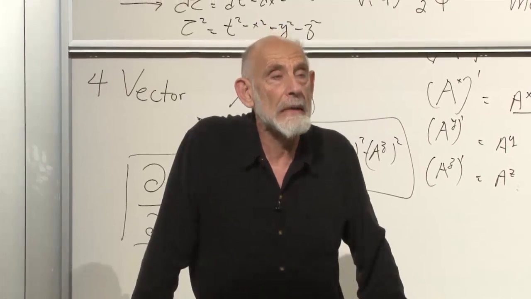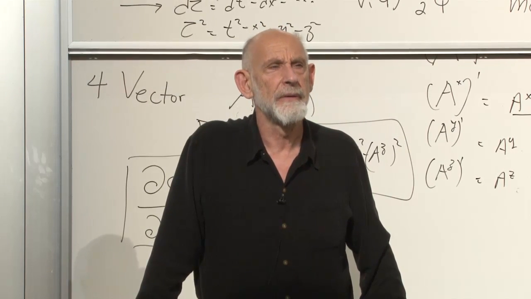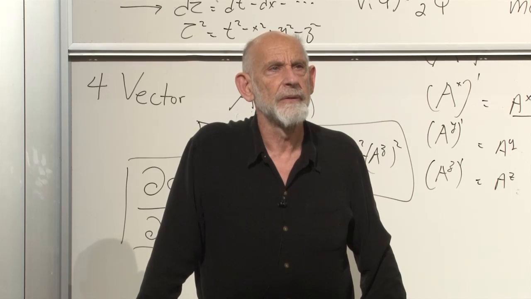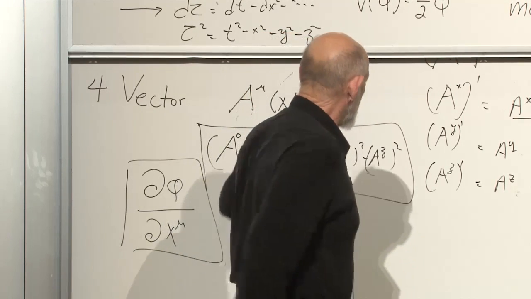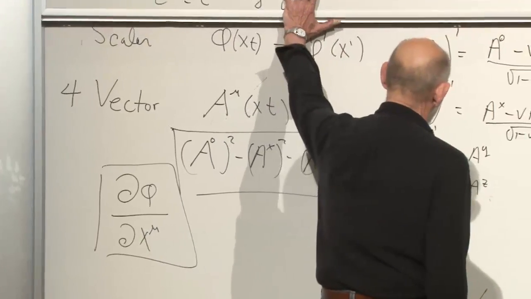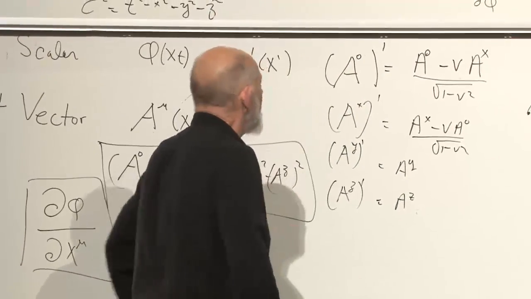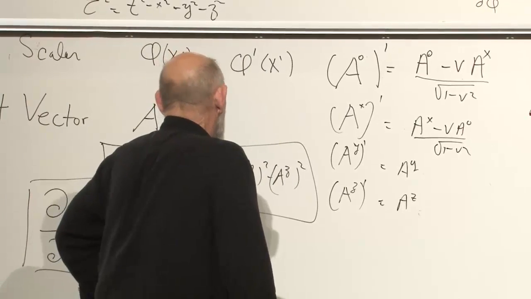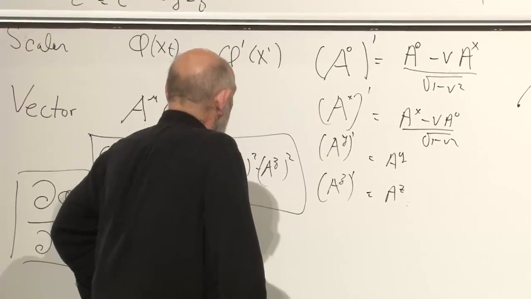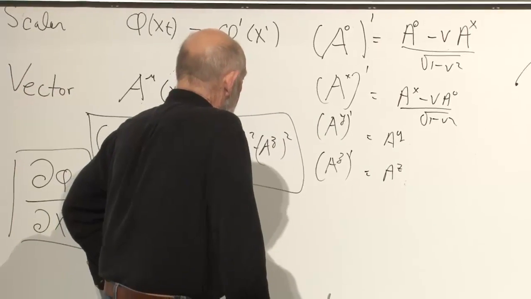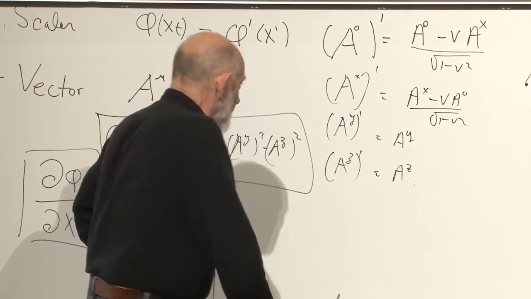Yes, sir. Where you define four vector, is there something more general where y and z components aren't just equal? Well, oh, it wouldn't be a four vector then. I can't think of anything like that which would just have four components.